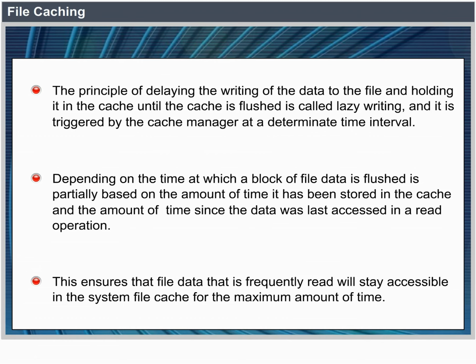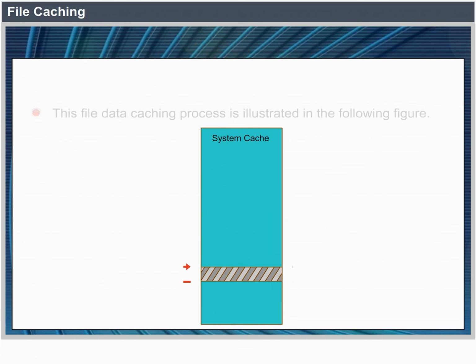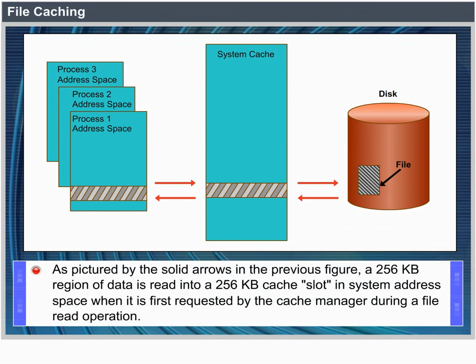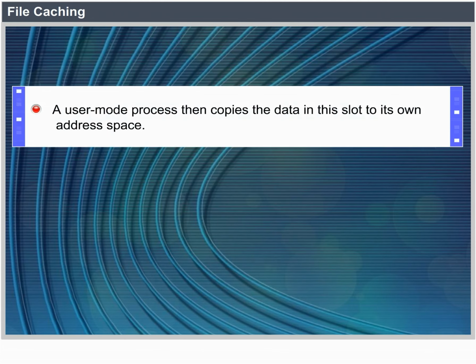This file data caching process is illustrated in the following figure. As depicted by the solid arrows in the previous figure, a 256 KB region of data is read into a 256 KB cache slot in system address space when it is first requested by the cache manager during a file read operation. A user mode process then copies the data in this slot to its own address space.